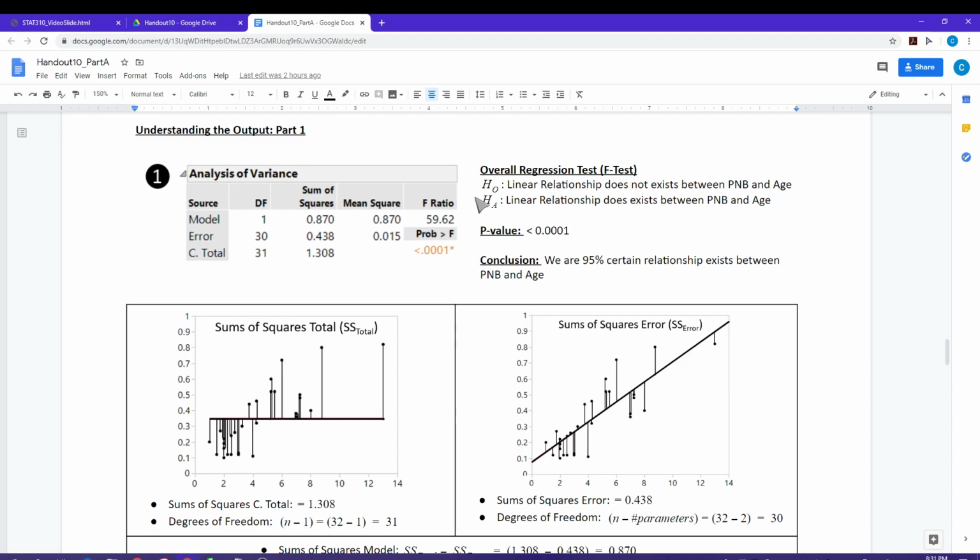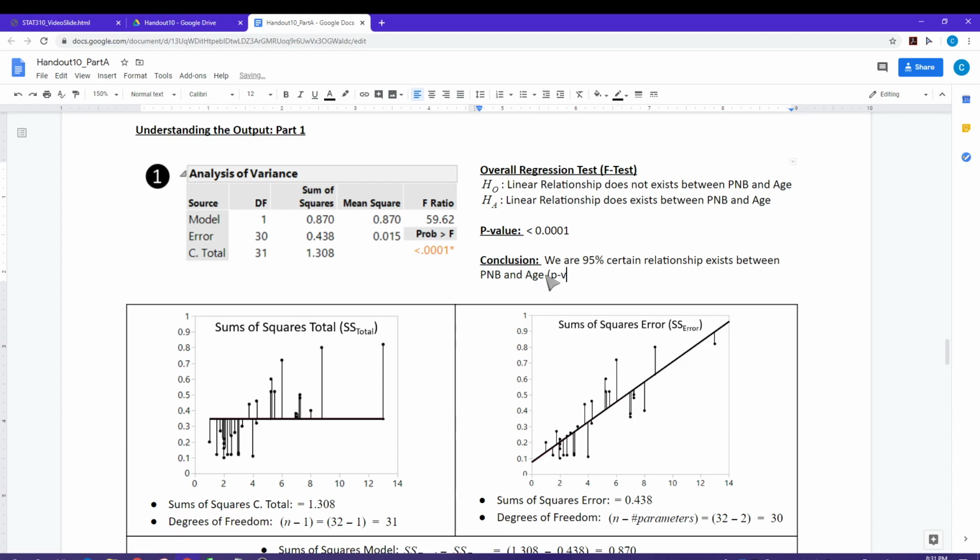So what is this actually testing here? The H0 for the overall test is just asking whether or not a linear relationship exists between these two variables. The p-value here is less than 0.05, so we get to say that we are 95% certain that a relationship exists between proportion of nose black and age.